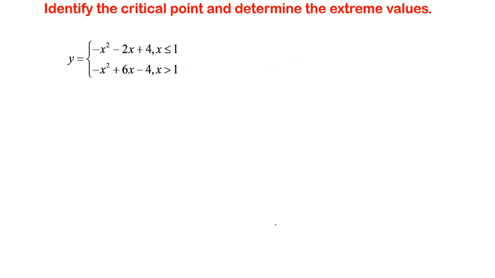Okay, one more problem here about finding critical points and extreme values, and this is a piecewise function. Anytime you have a piecewise function, your question should be, what is happening at the place where it breaks?